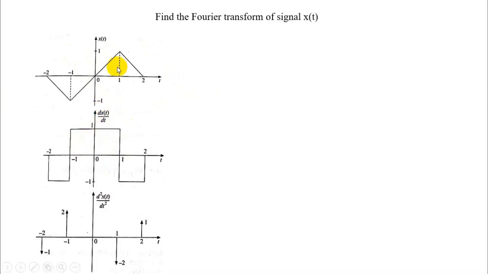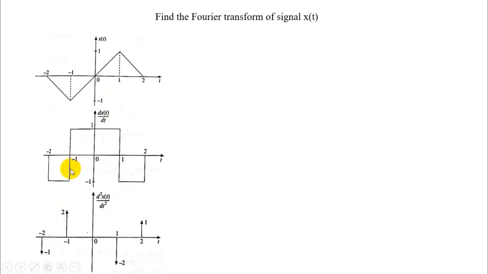This is the first derivative of that signal, and if we want to determine the second derivative, again we have to differentiate that signal. We know that after differentiation of a unity step we will get the impulse function. So in this portion, which goes downwards, we will get a downward impulse.